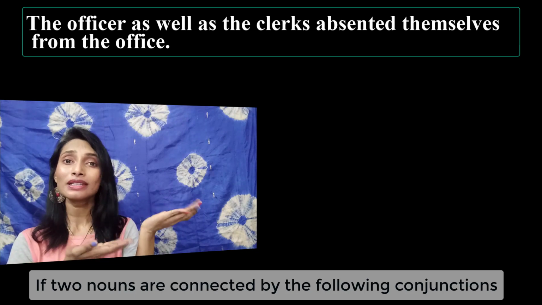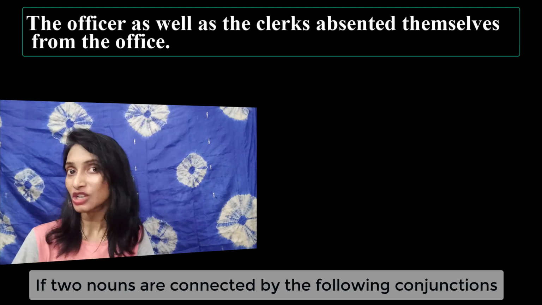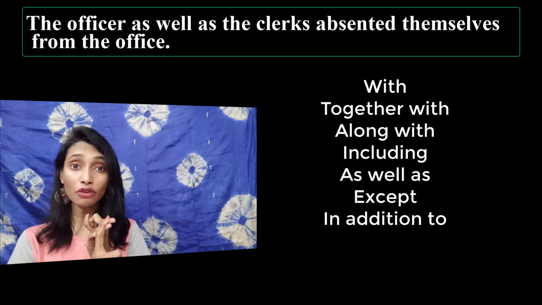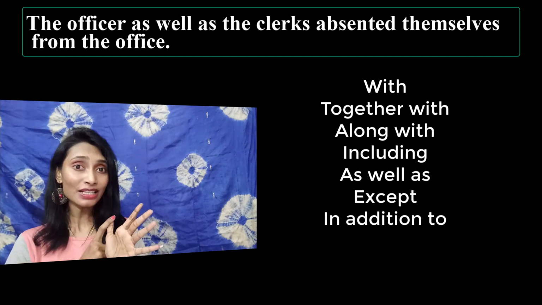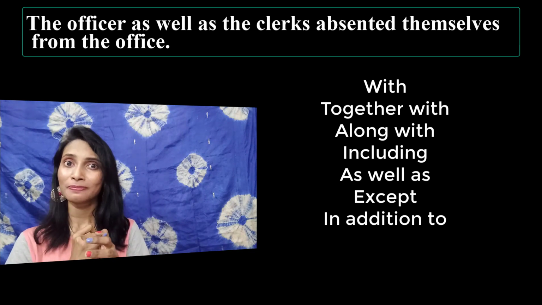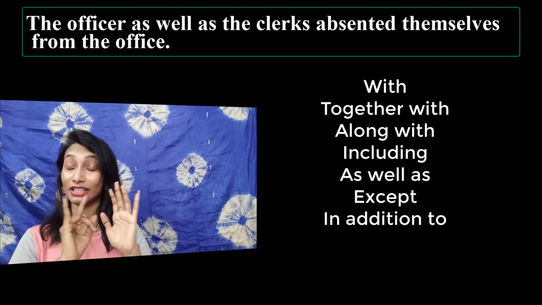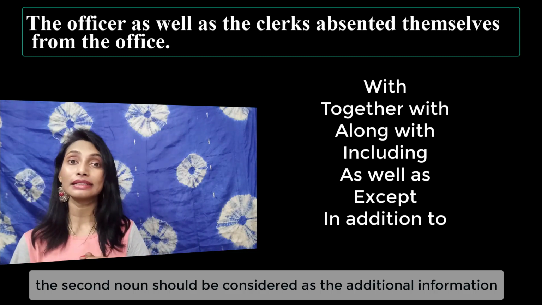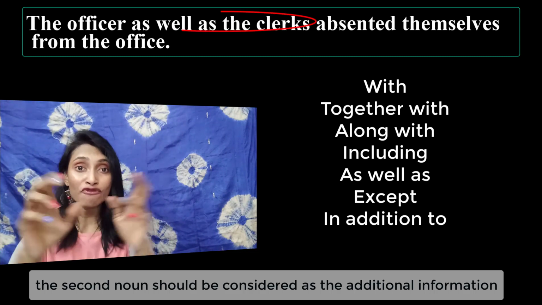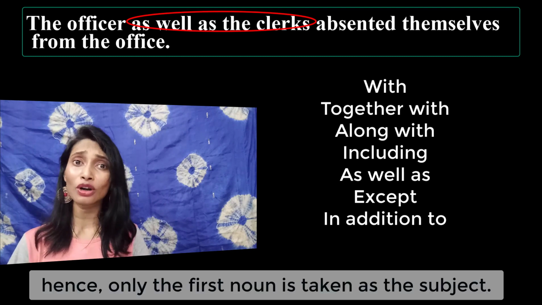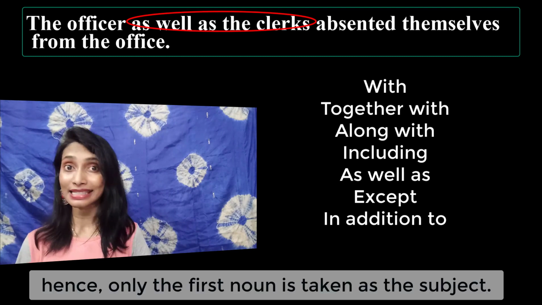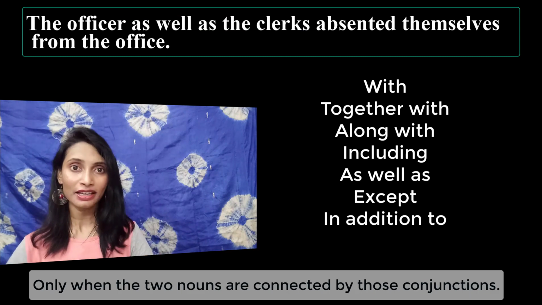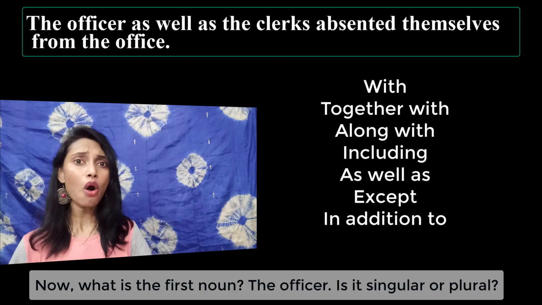If two nouns are connected by conjunctions like with, together with, along with, including, as well as, except, in addition to, etc., the second noun should be considered as additional information. Hence, only the first noun is taken as subject when the two nouns are connected by those conjunctions. Now, what is the first noun? The officer.